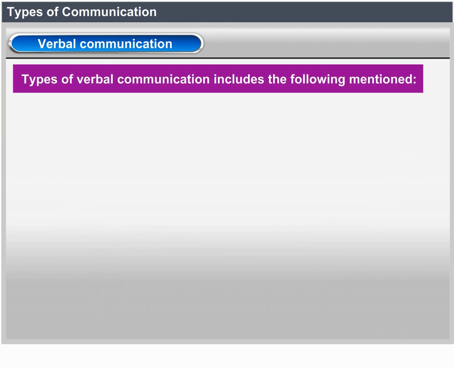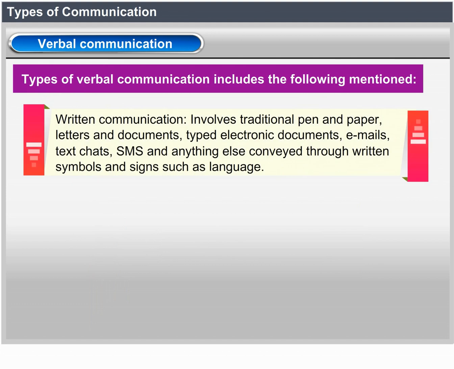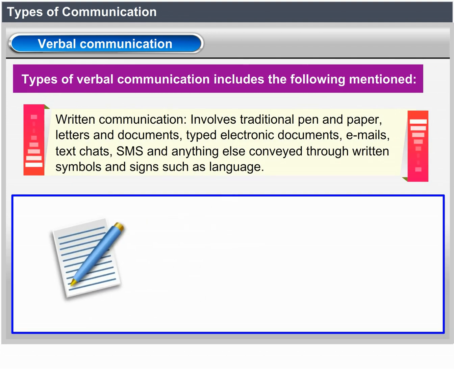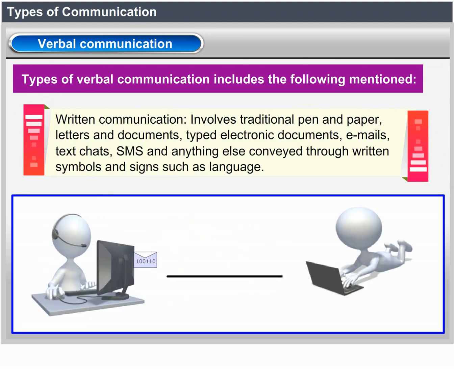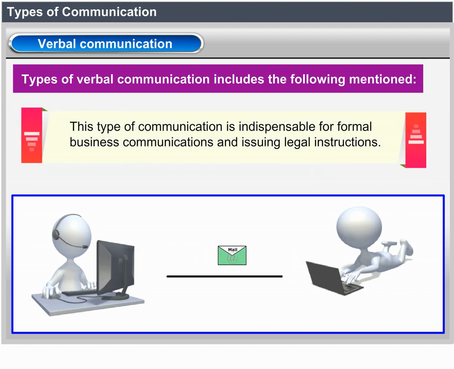Types of verbal communication include written communication, which involves traditional pen and paper letters and documents, typed electronic documents, emails, text chats, SMS, and anything else conveyed through written symbols such as language. This type of communication is indispensable for formal business communications and issuing legal instructions.